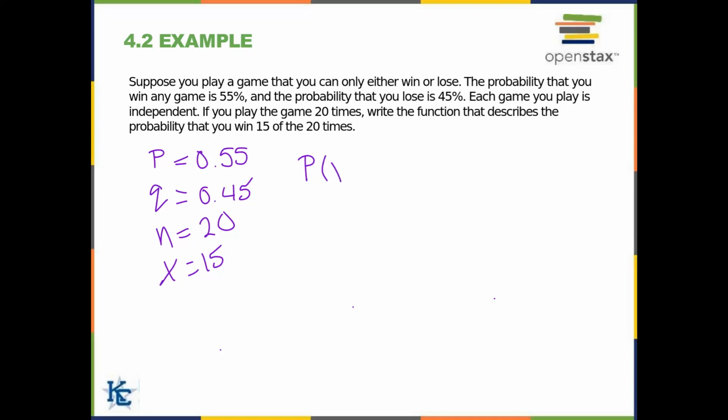The probability that x is equal to 15 equals the combination of 20, 15 times 0.55 to the power of 15, because that's the probability of success to the number of successes, and then 0.45 to the power of 5, because that's the probability of failures to the number of failures.